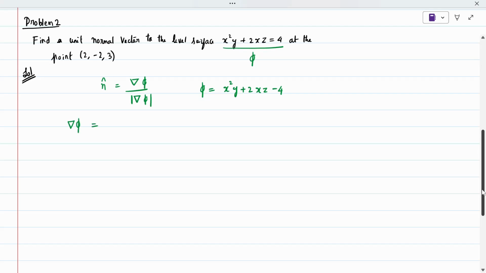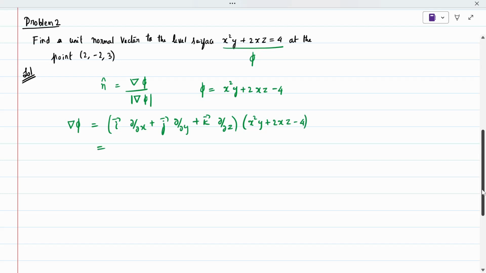Del phi means, first step we have to write i vector dou by dou x plus j vector dou by dou y plus k vector dou by dou z into the given phi, x squared y plus 2xz minus 4.